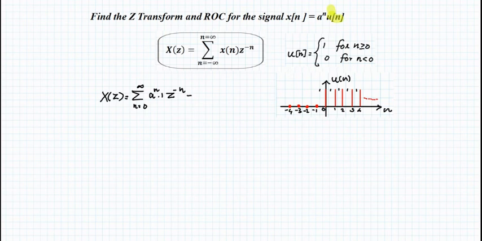So if you rearrange this, you can see that it's n is equal to 0 to infinity a z raised to minus 1 the whole raised to n.